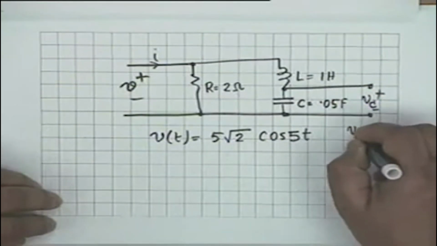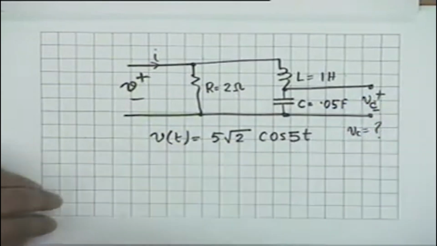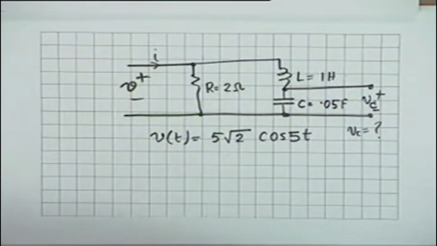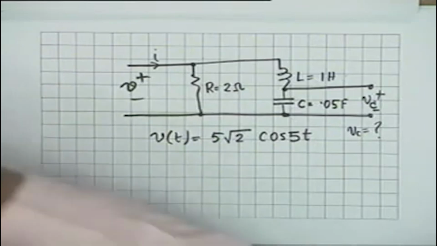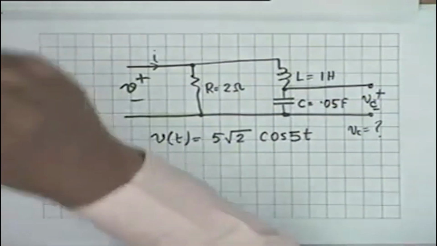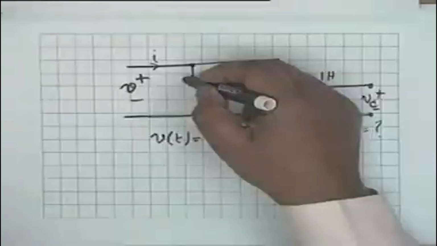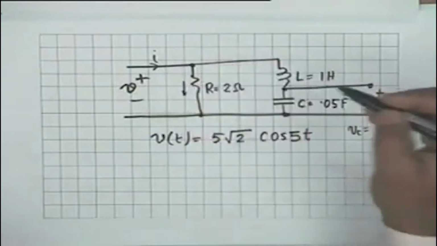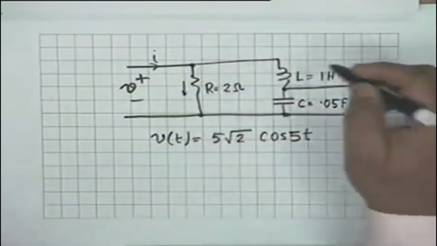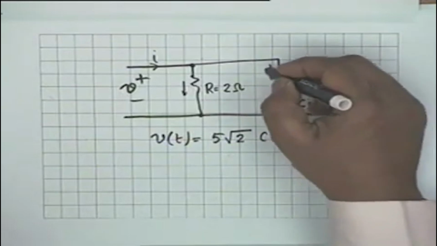And in the process, you are also required to find out a complete phasor diagram. That is, I want to know what the current through this resistance is, what is its phasor. I want to know IR, and IL is equal to IC.